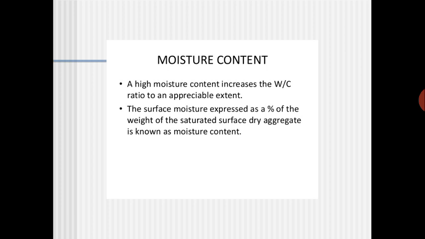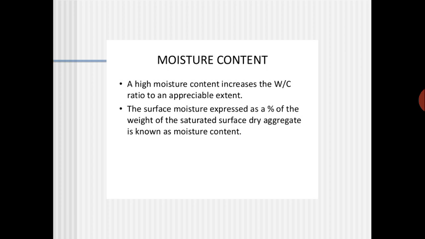One more test you can do is, take the normal aggregate. Initially you take the weight of that when you take it from the field, then dry it, and again you take the weight. Then you take the ratio of after oven drying divided by before oven drying, multiply by 100.